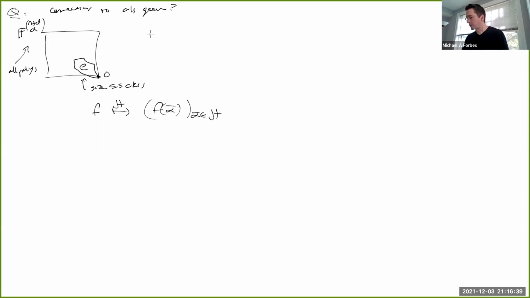These tuples live in an H-dimensional space, and we can ask what the map does with the circuits. Here we have the 0 tuple, so clearly 0 goes to 0. But what happens to C? This is H applied to C.